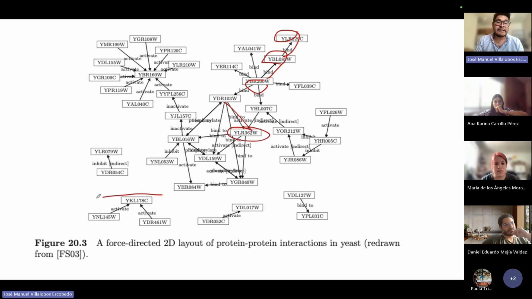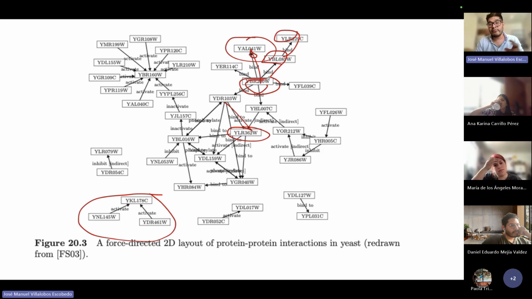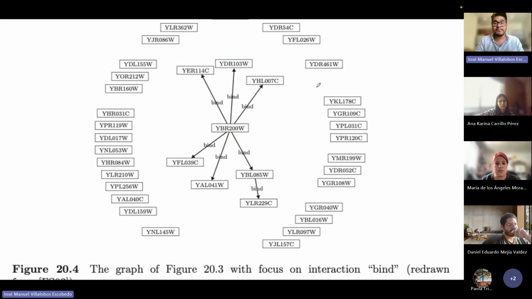Or, for example, this system is completely separate from the rest of the network. That is very cool because now we can know, okay, this is the prey, and this one is connecting with this one, and they start to work together when they are in the cell, because we can see this evaluation, for example, with yeast two-hybrid or another experiment. So at the end, this network comes from this information. After that, we create a matrix, and after that, we create this kind of representation.